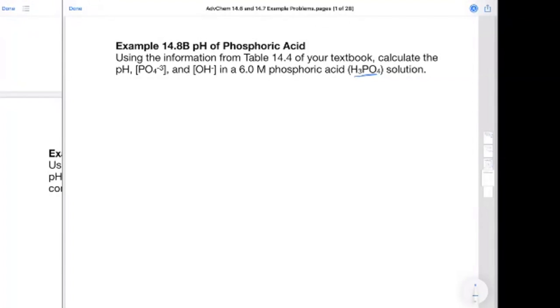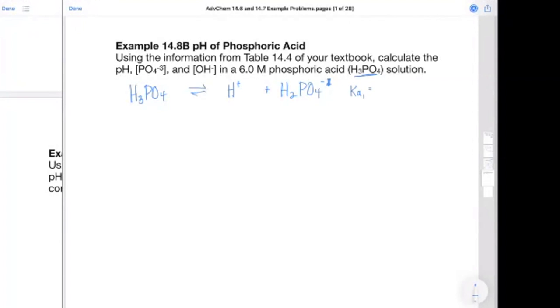It has 3 Ka values. So you're going to start with the first equilibrium reaction, which is going to pull off 1 hydrogen and leave behind dihydrogen phosphate.